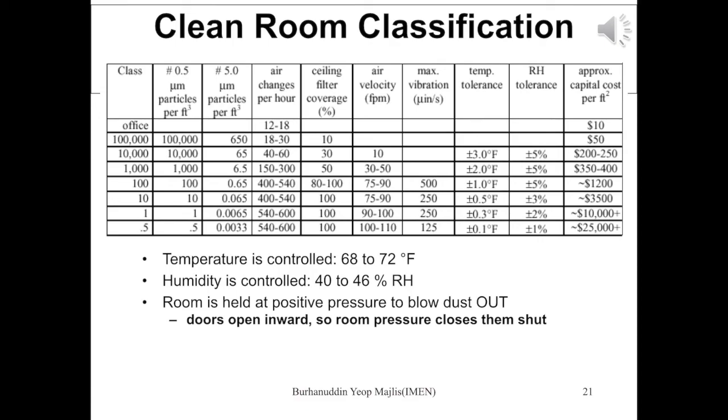Temperature is controlled between 68 to 72 degrees Fahrenheit, and humidity is controlled between 40 to 46 percent. The room is held at positive pressure to blow dust out. So the door opens inward, so when the room pressure is applied it will close them shut. Normally the clean room door opens inward.